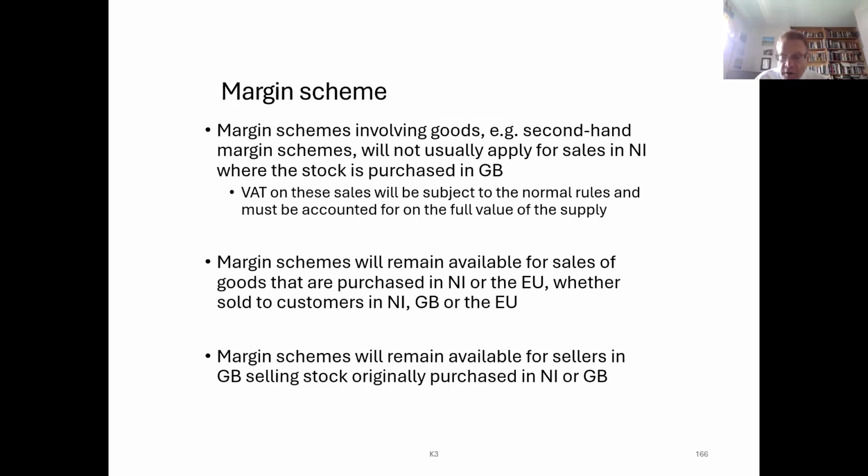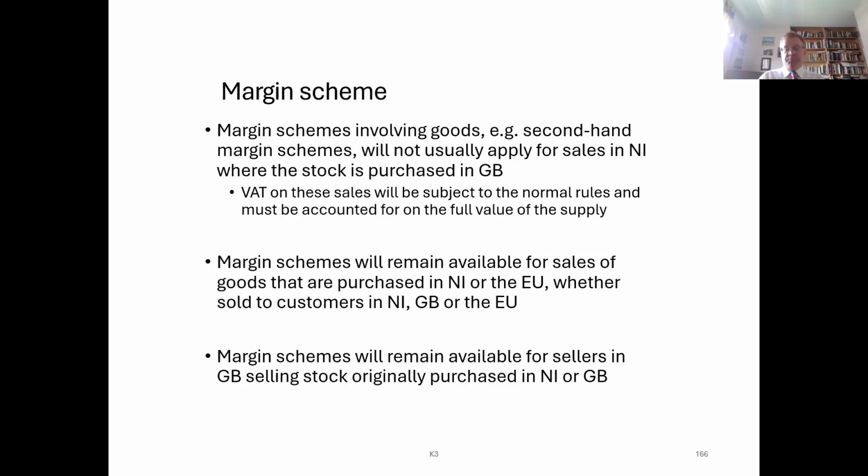There's also a margin scheme, interestingly enough, involving goods, for example second-hand margin schemes, which will not usually apply for sales in Northern Ireland where the stock is purchased in Great Britain. VAT on these sales will be subject to the normal rules and must be accounted for on the full value of the supply.